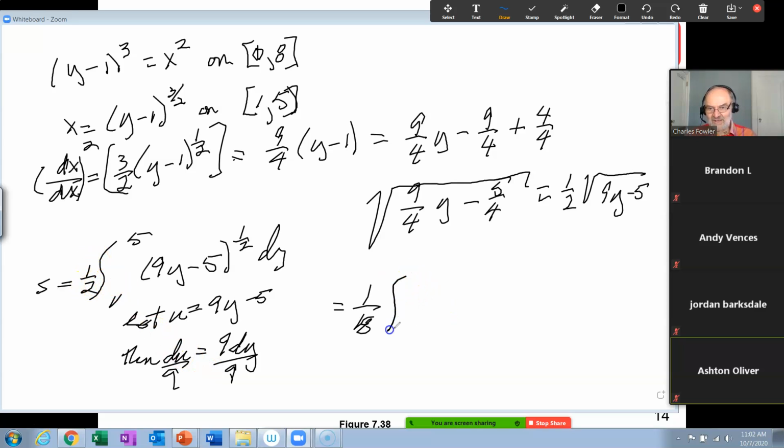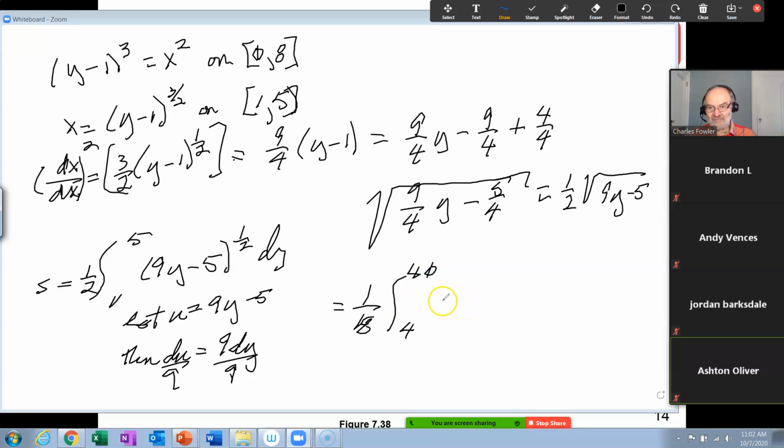Now we have to change our interval here again. When y is equal to 1, that would be 9 minus 5, that's going to be 4. U would equal 4. When y is equal to 5, 5 times 9 is 45, minus 5 is 40. So 4 to 40. That's going to be the limits on u.